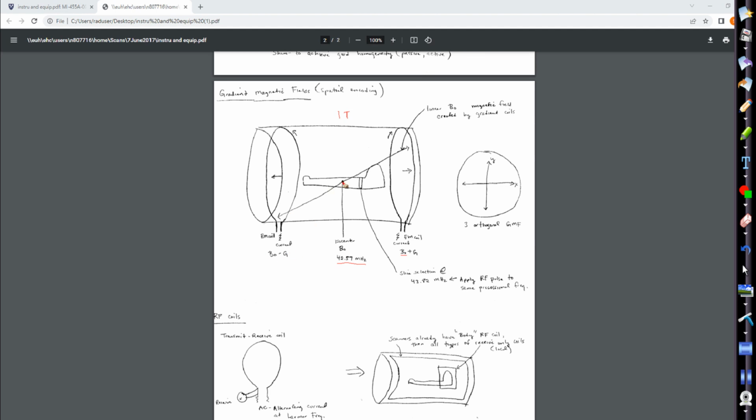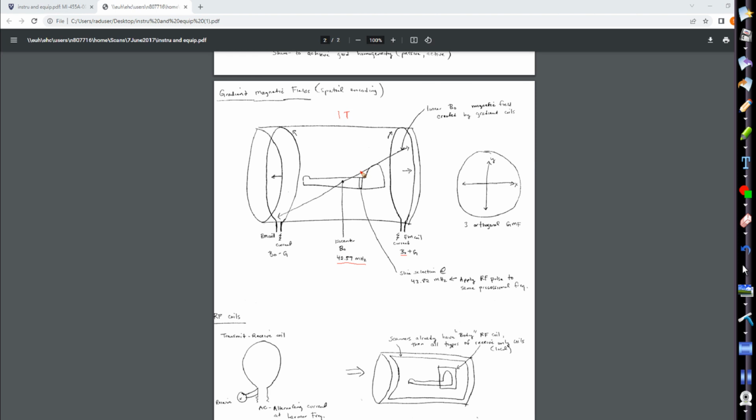But here, since it's now negative, you subtract whatever that gradient magnetic field is from B sub 0. And since this is in a predictable manner, you can determine what the Larmor frequency is going to be away from isocenter.